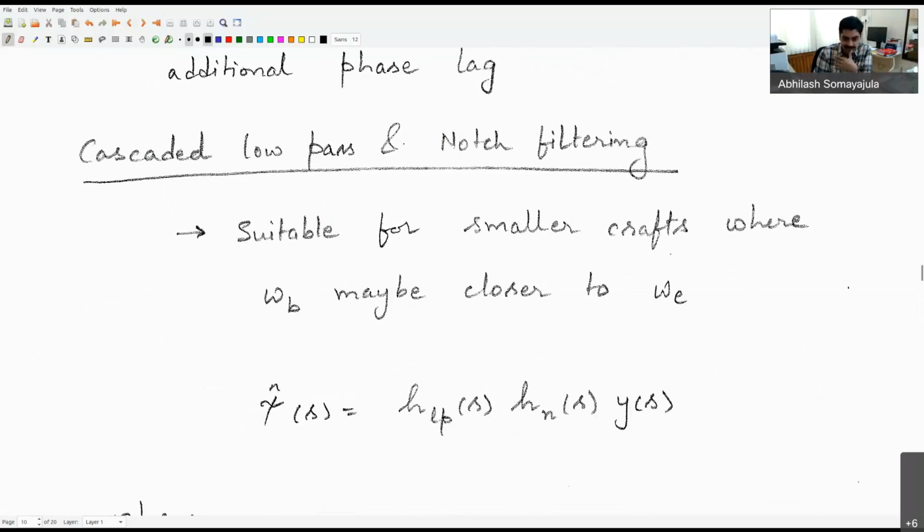Which means that our estimated value of the heading angle is given by the low pass filter, cascaded with the notch filter, cascaded with the output from the compass, which contains the complete signal.